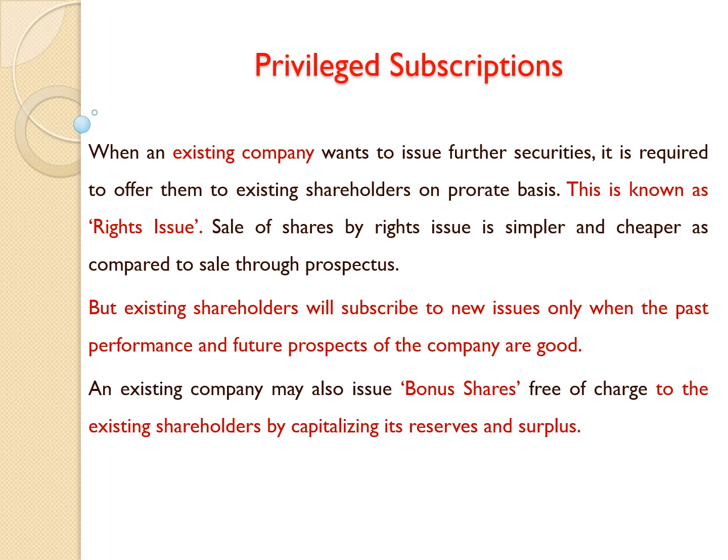It means that a company should maintain a record of its efficiency. Then such a company may adopt the privileged subscription method of issuing securities. An existing company may also issue bonus shares free of charge to the existing shareholders by capitalizing its reserves and surplus.